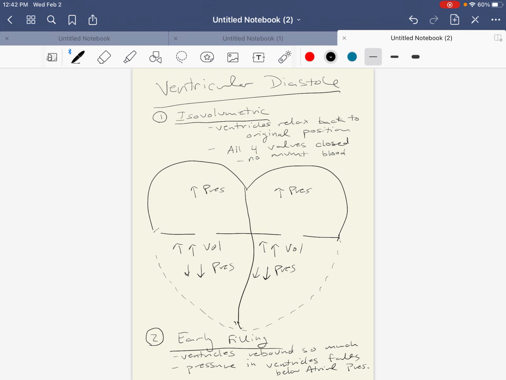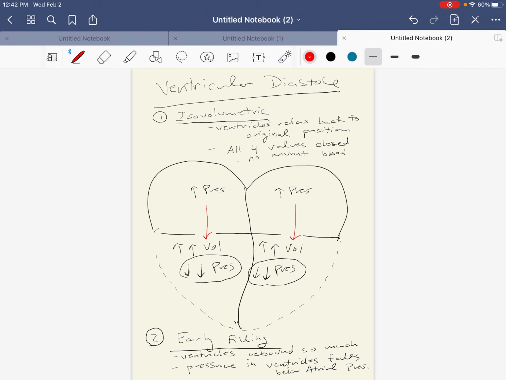This is a factor really only of the ventricular pressure dropping so much. We haven't yet contracted the atria during the next cardiac cycle, but simply because the ventricles rebound so much, we already have a pressure gradient where blood is going to flow from high to low pressure. And this is why we have early filling of the ventricles even before the next cardiac cycle.